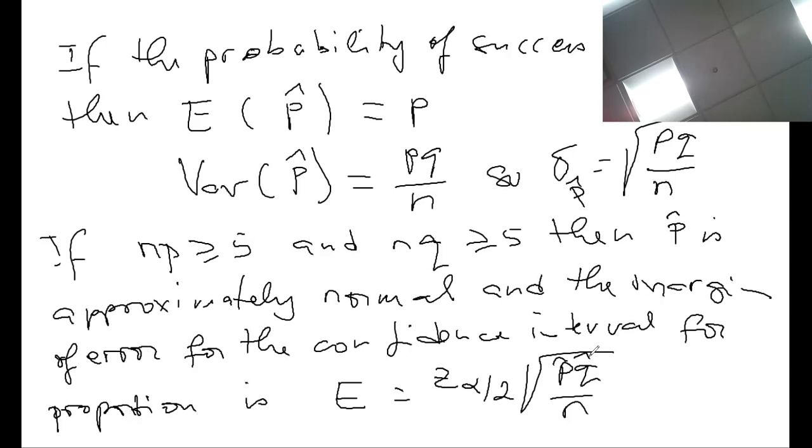Z alpha over 2 is the same as for the mean, for the Z distribution. So for a confidence level of 90, Z alpha over 2 is 1.65. For 95, 1.96. For 99, 2.58. You can always find it in the PowerPoint or in your book.